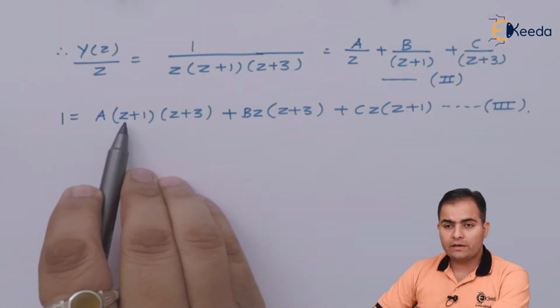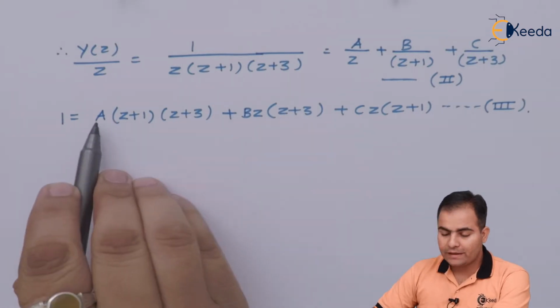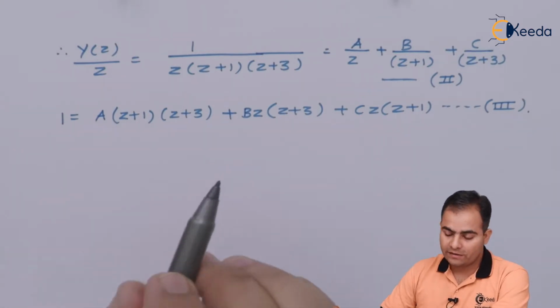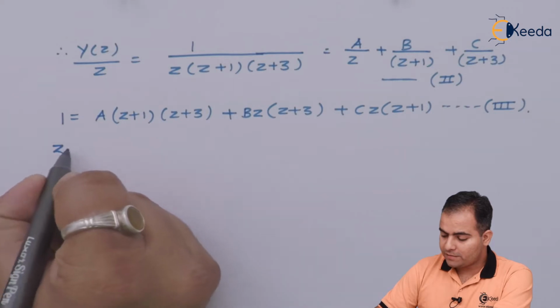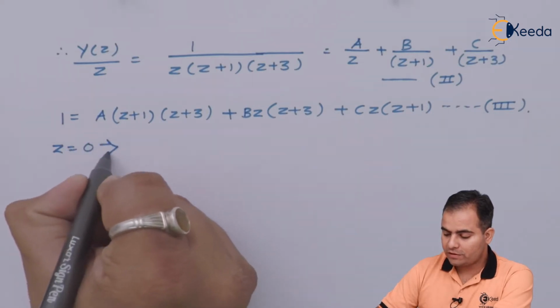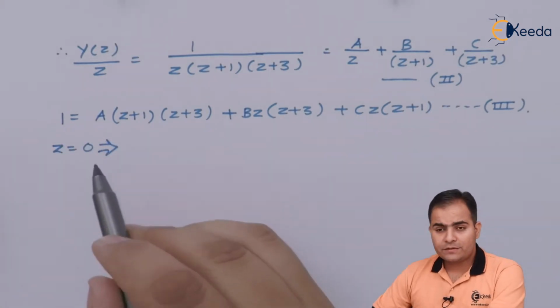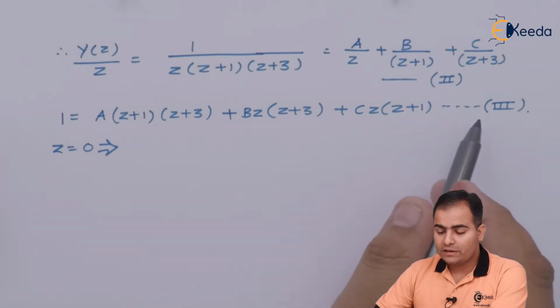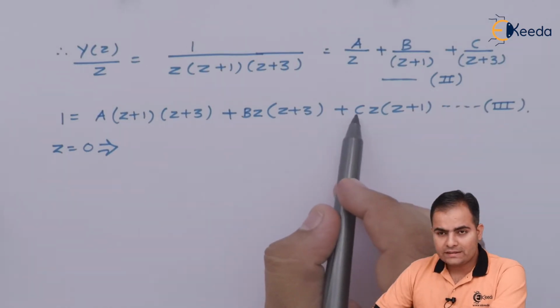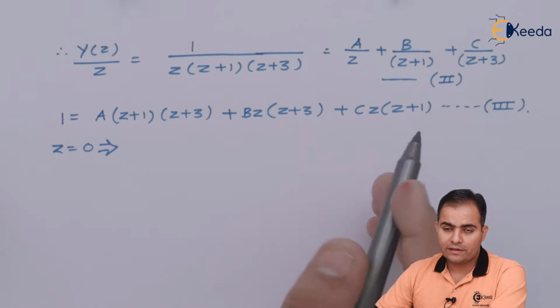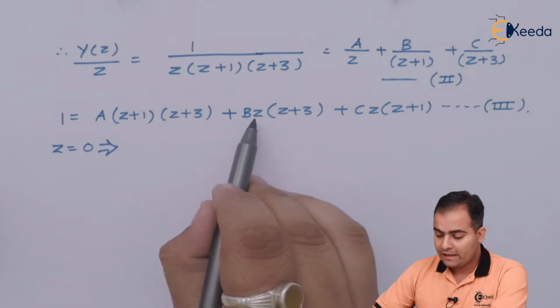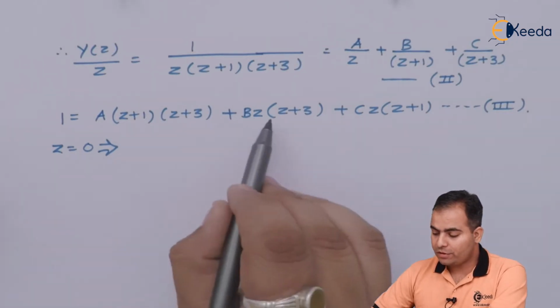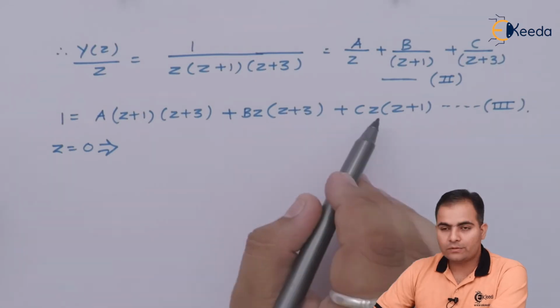Now I'll substitute different values of z, so that you will get the constant values of a, b and c. So first of all, I'll substitute z equals 0 in my equation number 3. Then automatically the whole c term and the whole b term vanish, because they are multiplied by z, and this z is replaced by 0. So 0 into anything, answer is 0. So 0 plus 0, answer is 0.